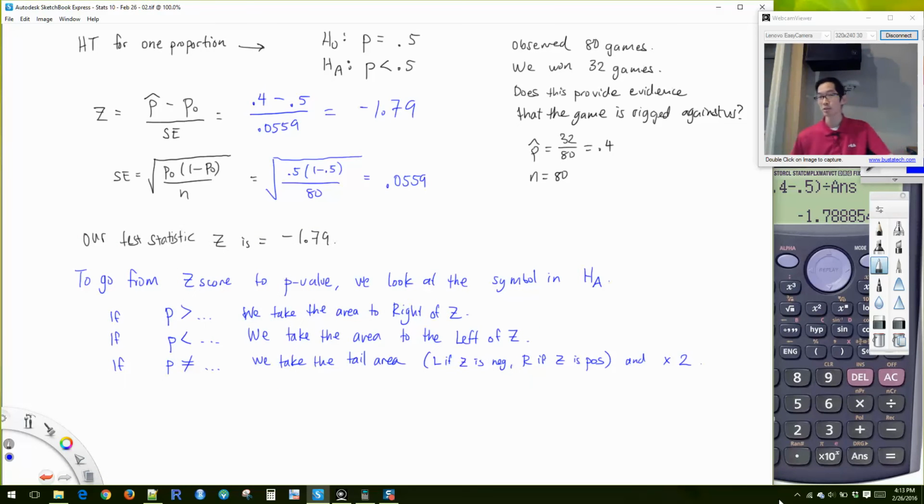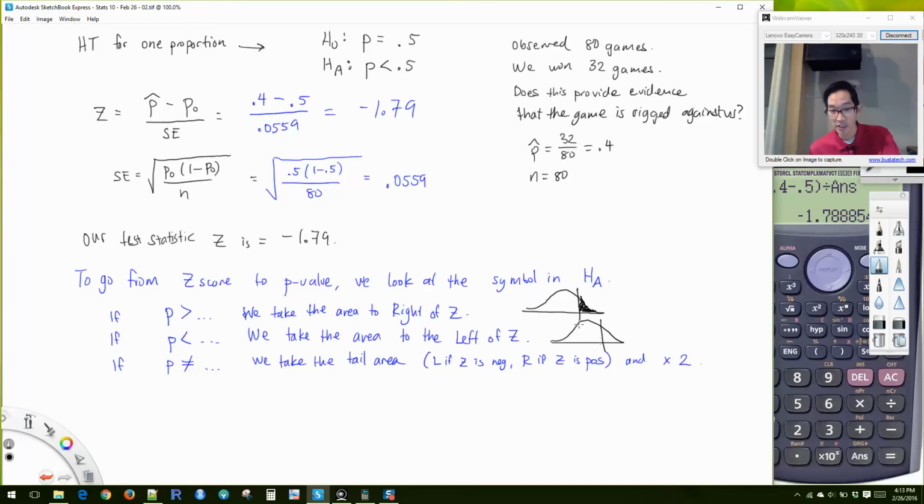These are our rules to go from a z-score to a p-value. So maybe I'll draw little pictures. If you have z right here, and you've got a greater than sign, you're going to take the area to the right.